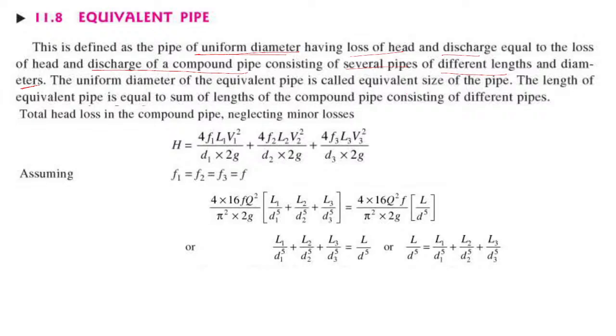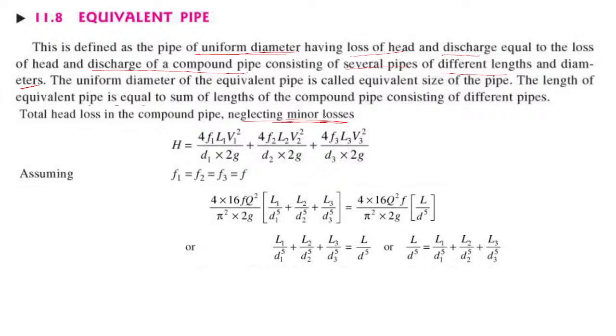Now here, the length of the equivalent pipe is equal to the sum of the lengths of the pipes in the compound pipe. So the total head loss in the compound pipe is considered.